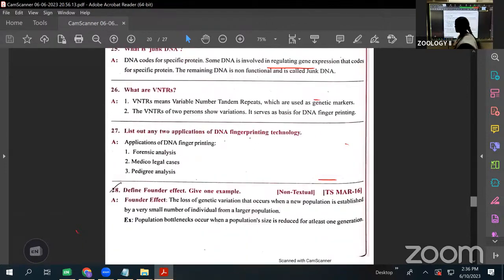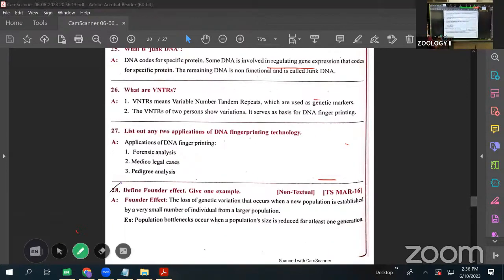Erythroblastosis fetalis is mainly caused when the mother has the Rh negative blood group and the father has the Rh positive blood group. In that case, the fetus gets the father's Rh positive blood group. Then the erythrocytes inside are damaged and burst.